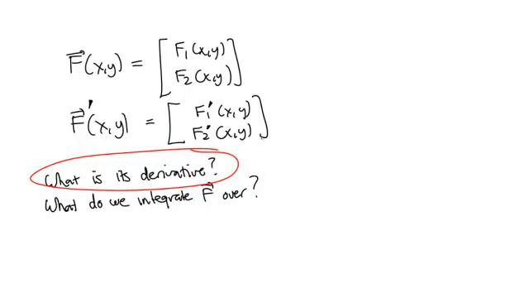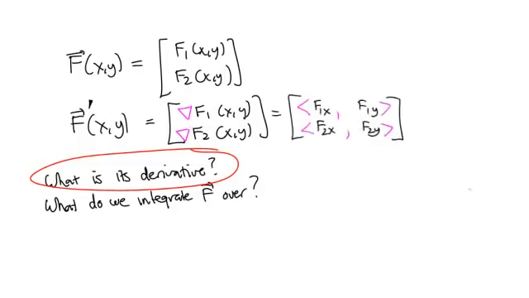However, when we talked about functions of several variables, the derivative concept wasn't a prime, but a gradient. So if we were to combine these two concepts together, we would have a derivative which is a vector whose first component was the vector gradient of f1, or f1x, f1y, and whose second component was the gradient of f2, f2x, f2y. If you just take a look at this thing, you have a vector whose rows are vectors.